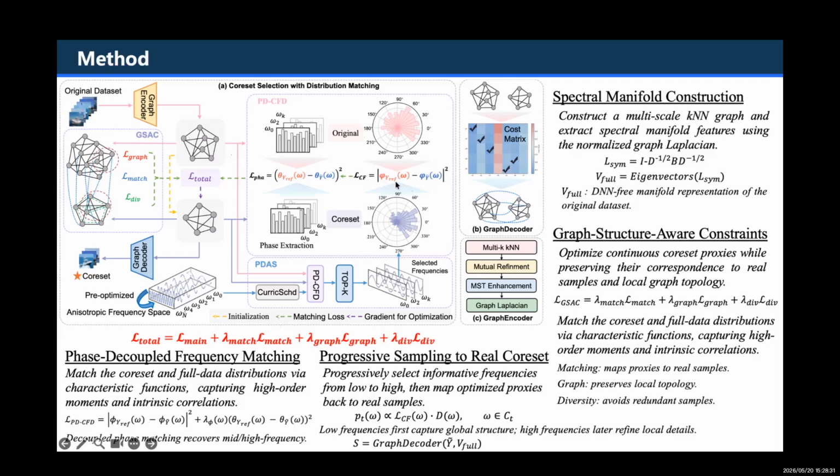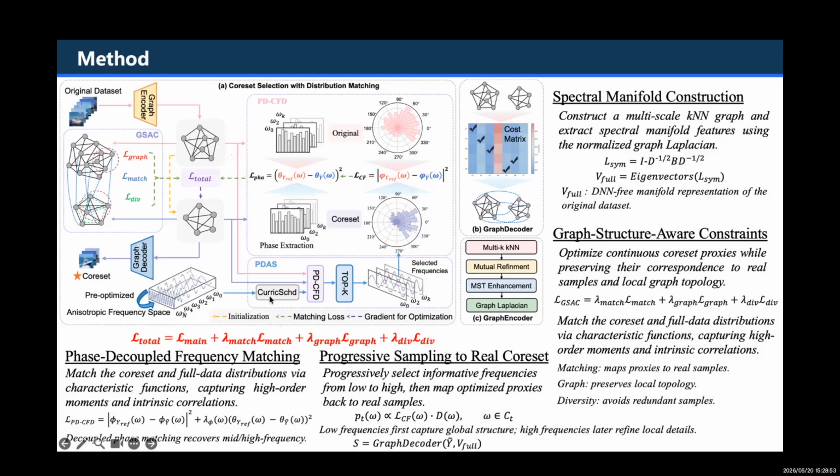As we have just said, frequency selection plays a vital role in the effectiveness of the PDCFD. So here we optimize a frequency band and use a progressive sampling strategy.